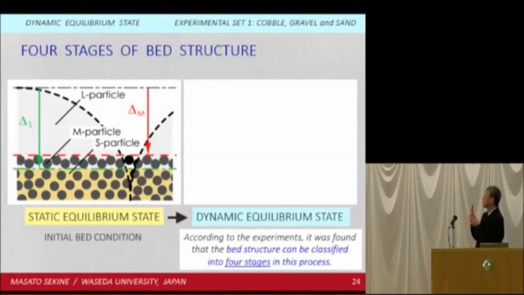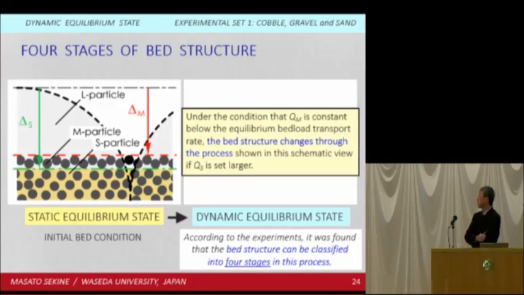And now the dynamic equilibrium bed is explained. The initial bed condition is the static equilibrium bed. I already said that. According to our experiment, it was found that the bed structure can be classified into maybe 4 stages or 5 stages in this process.